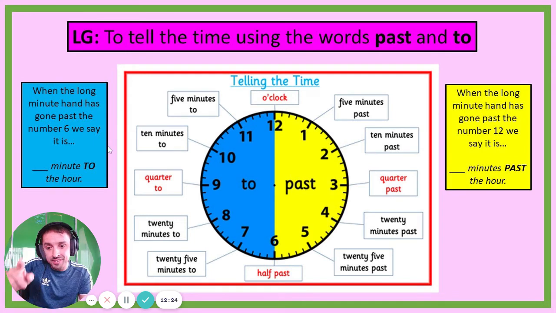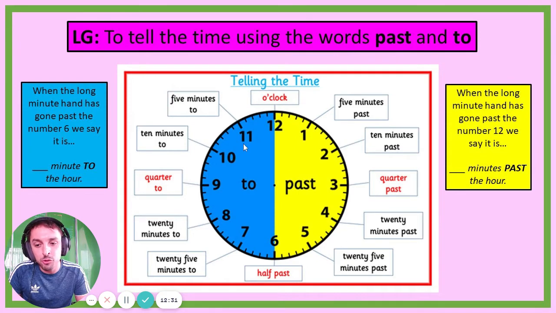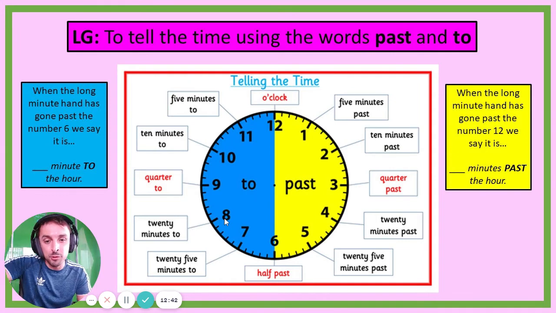Okay, now when the big hand has gone past the number 6, so all of this, we don't say past, we say to. So when it's here, it's 25 minutes to. Then when it's at 8, it's 20 minutes to.